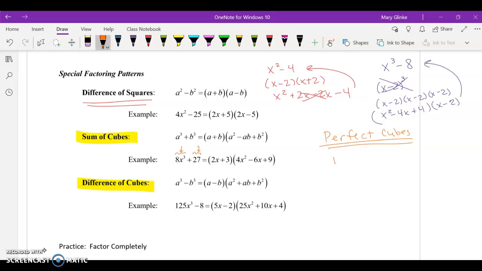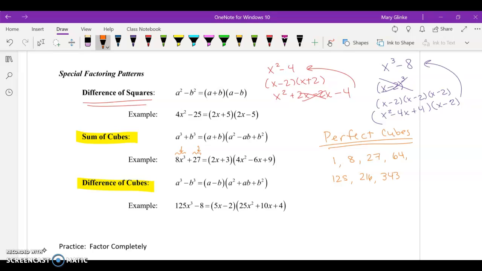So 1 cubed is 1, 2 cubed is 8, 3 cubed is 27, 4 cubed is 64, 5 cubed is 125, 6 cubed is 216, and 7 cubed is 343. These are the most common perfect cubes that we need to be able to know right off the top of our head.